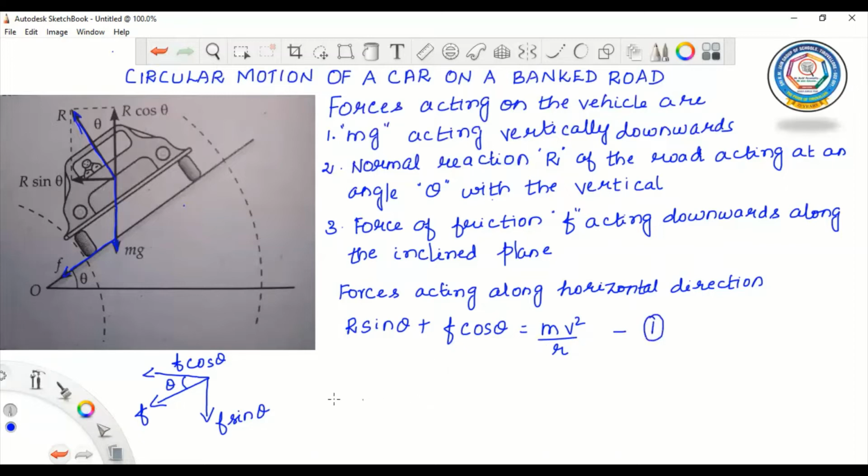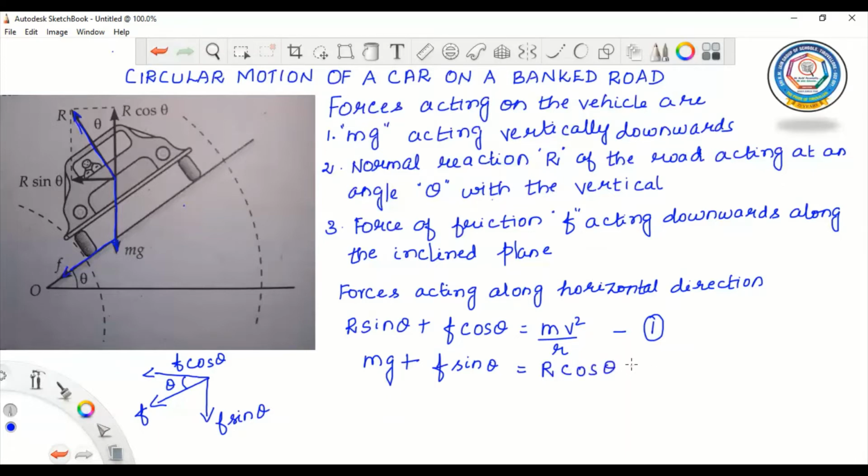Now, the forces acting along the vertical direction. So, mg vertically downward, mg plus F sin theta is equal to R cos theta.